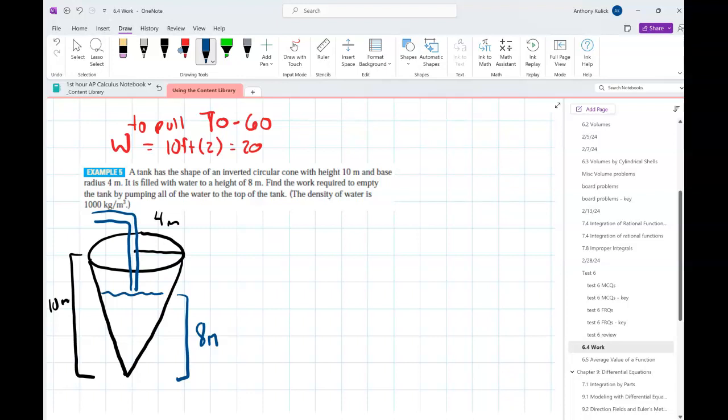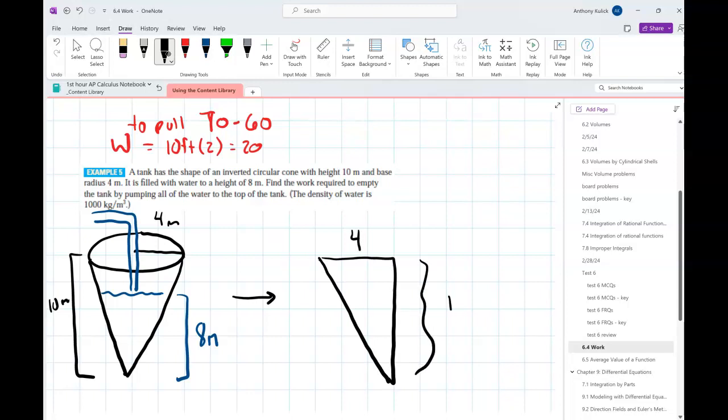So what I want to do is take this and resolve it into a single variable. I know this is 4, and that's 10. And then I'm going to have some radius, I'll call that Rw, the radius of the circle of water.